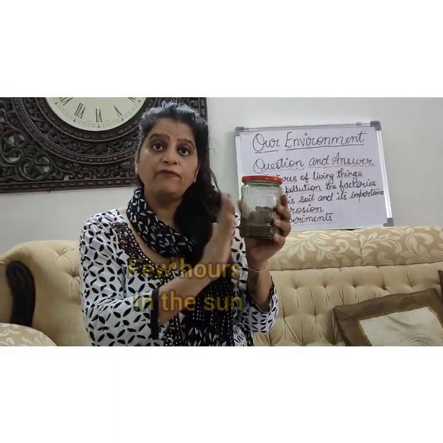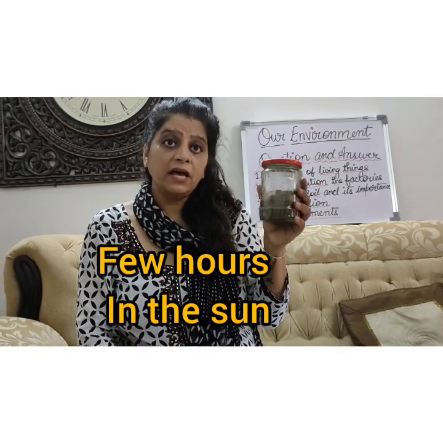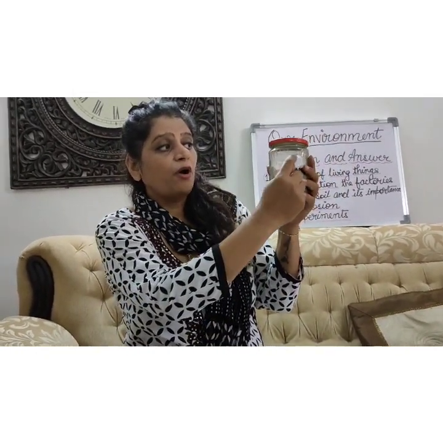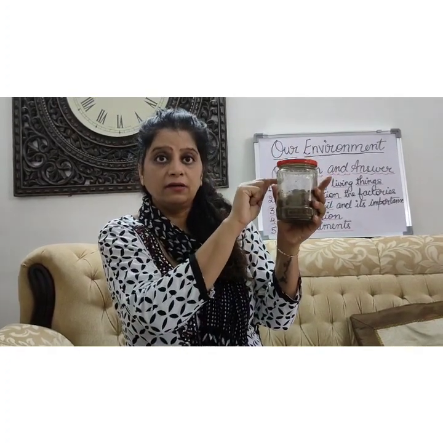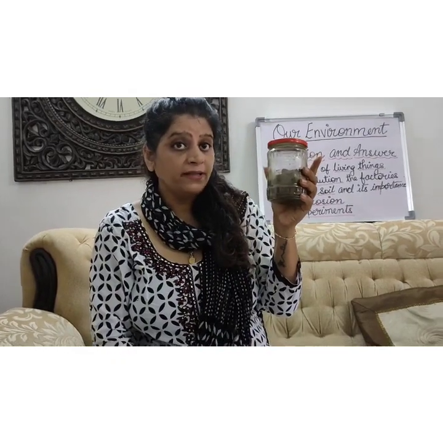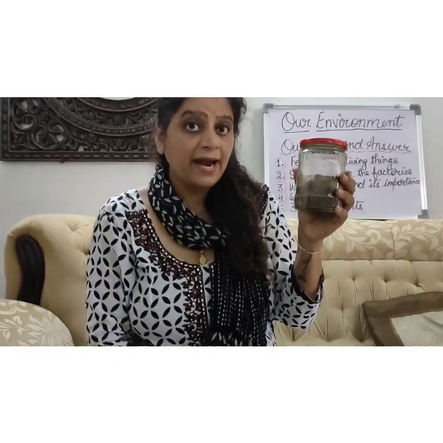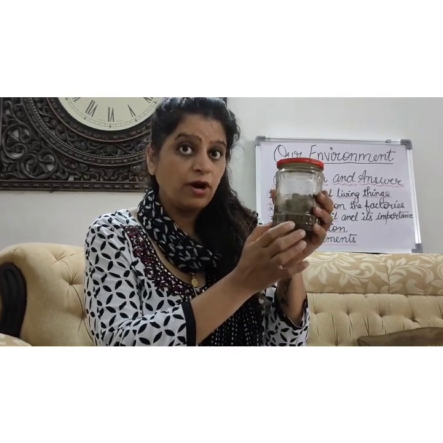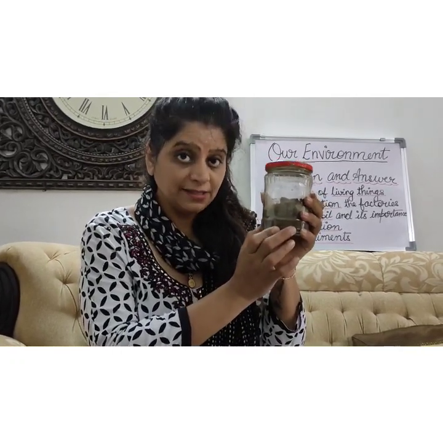You will keep it for a few hours. When the sun sets, you can just check. You will find droplets on the top surface of the bottle. Those droplets will tell us that there was water in the soil. Soil contains moisture, isn't it?